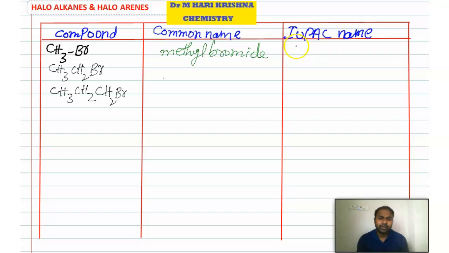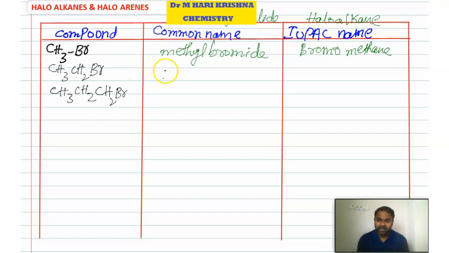In case of IUPAC, the normal model is haloalkanes. Alkyl halide is a common name. Haloalkane is an IUPAC name. Now tell me, students, halo means here bromo. Alkane means methane. Bromomethane.